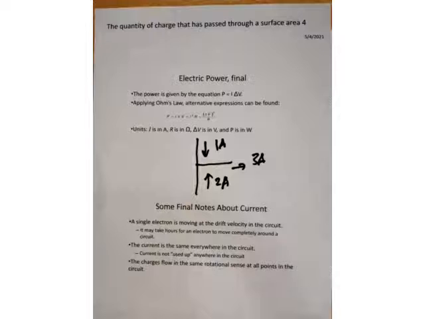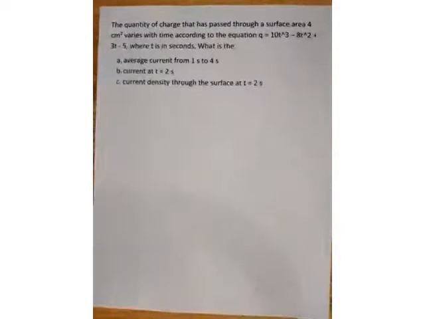Kaya, kahit may direction ng current, it's still considered a scalar quantity. It is not a vector. Kasi, hindi naman siya sumusunod ng rules ng vector. Kaya hindi mo siya pwedeng tawaging vector kahit may direction siya. Okay? Nakuha ba? Na scalar ang current.